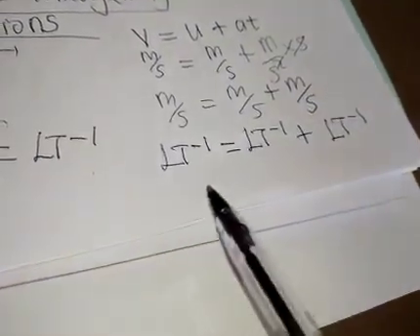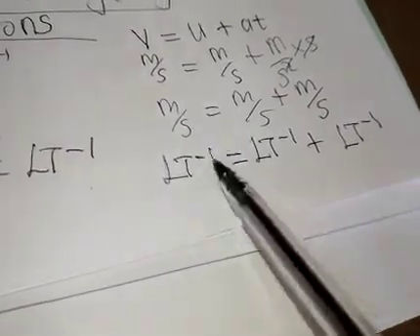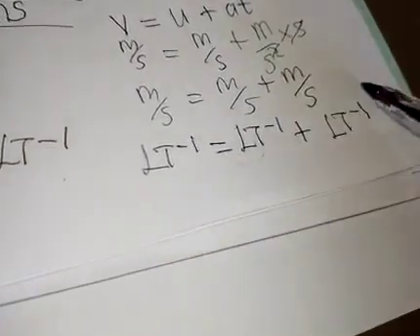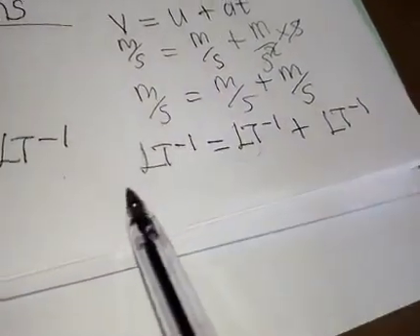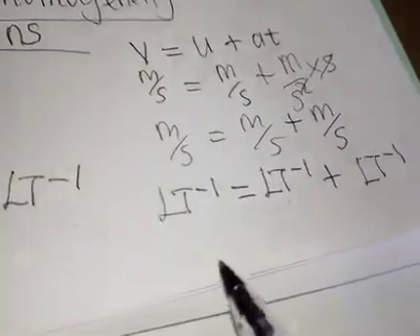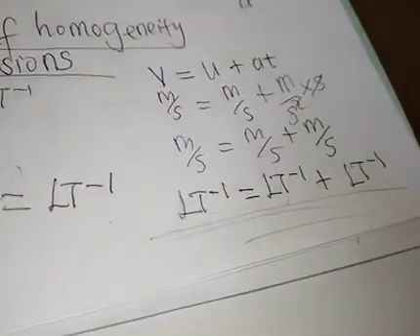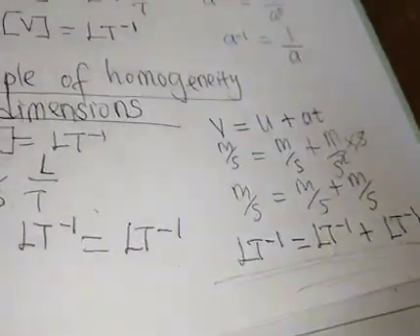So the dimensions of all the terms are the same. This is the first term, second term, third term. So all the terms have the same dimensions, and we can say this equation is dimensionally consistent or dimensionally correct.